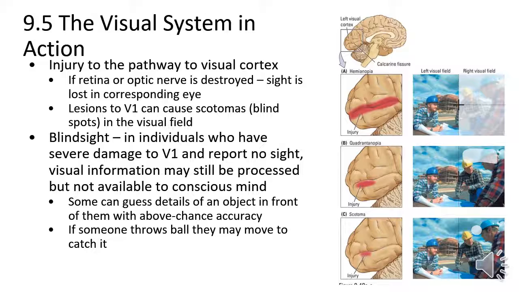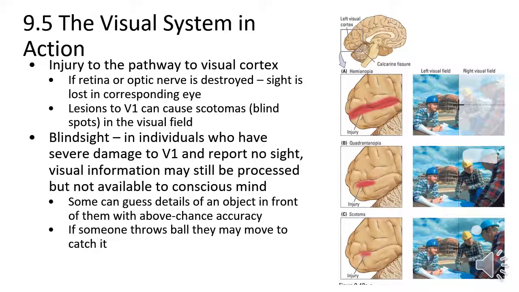Blind sight is a condition in which someone who has severe damage to both sides of the V1 might report having no sight at all. So they would report being completely blind and genuinely feel completely blind, but there may still be some visual information being processed that is not available to the conscious awareness.